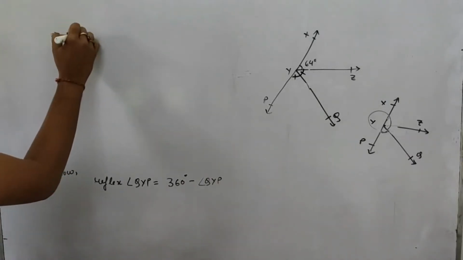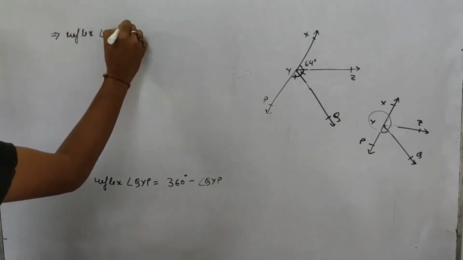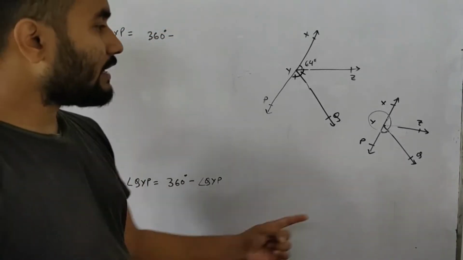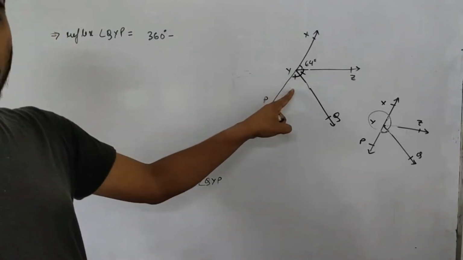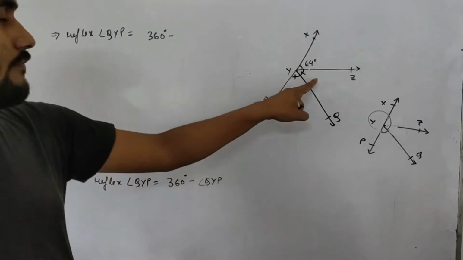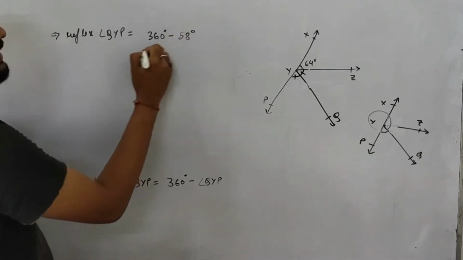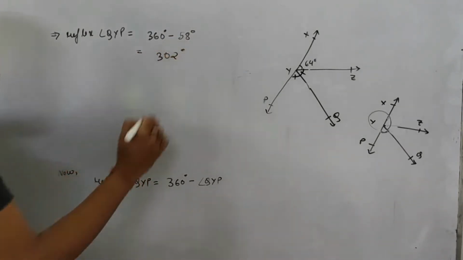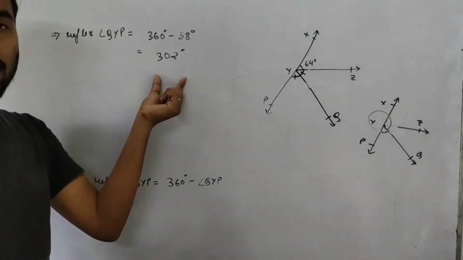Reflex angle QYP will be equal to 360 degrees minus, what is the value of angle QYP? 58, 58, right? These two are equal. We have found out 58 degrees. So 360 degrees minus 58 degrees, that will become 302 degrees. Check the answer. It should be 302 degrees.